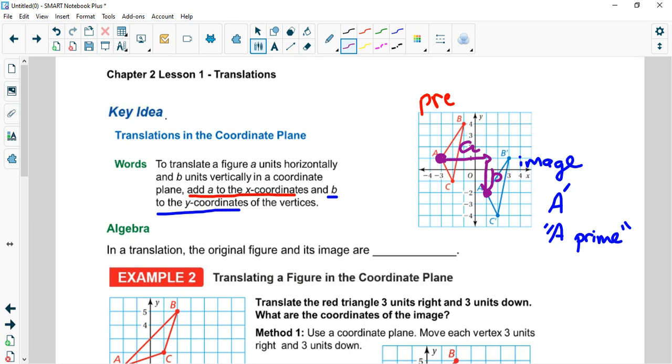We were told that there is a way we can just do this by adding values to our coordinates. And we have notation for this. This is called translation notation.